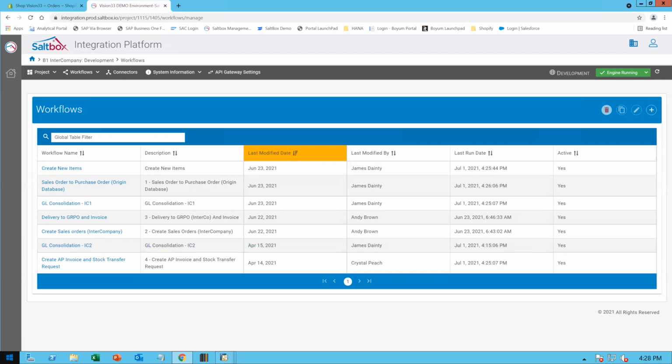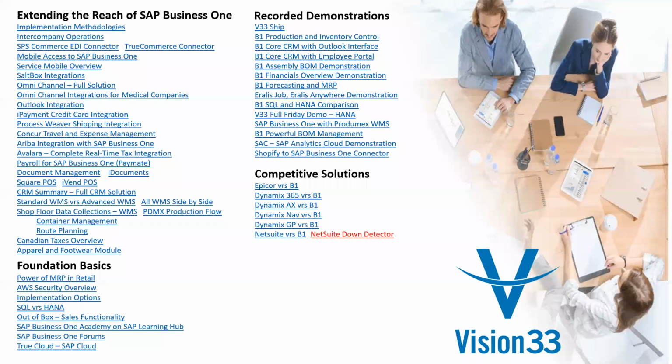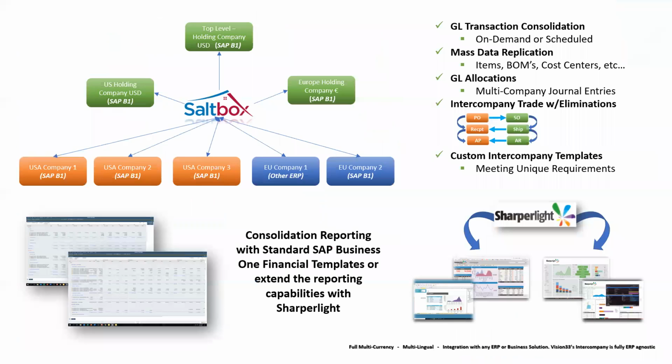To finish up, let's take a look at just a little more intercompany here, to give you the full effect. Through SaltBox, like we saw, you can have companies in different currencies and in different countries. You can have holding companies, and those holding companies can roll up to higher level holding companies.